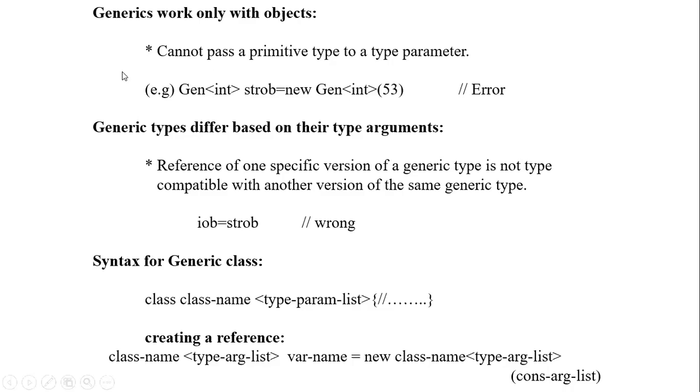Okay, so generic types differ based on their type arguments. In the sense, for example, if you are creating a string object in a generic, you cannot specify integer, right? You cannot say I am creating a string class and accept the integer. Can't be done like that.